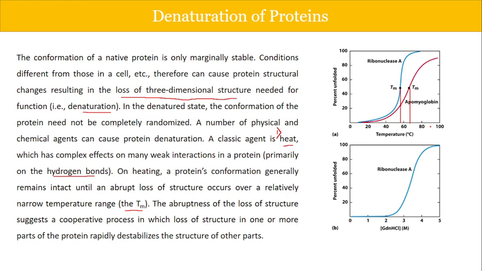So this Tm determines how far the structure would be lost when we are heating it. On heating, the structure gets lost because it breaks the hydrogen bonds. Now this abruptness in the loss of the structure tells us that it is a cooperative process in which the loss of structure in one or more parts of the protein rapidly destabilizes the other parts as well.